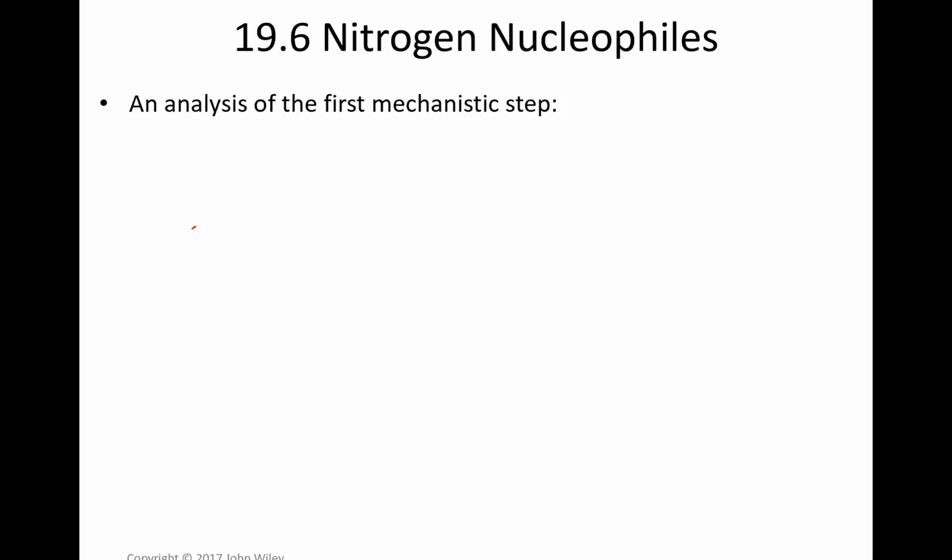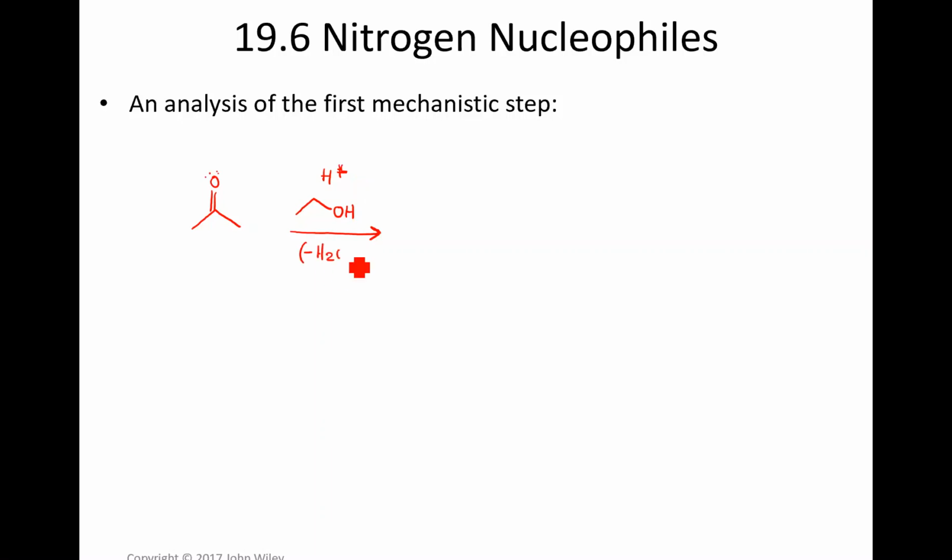Okay, let's analyze the first step in some detail, because it's going to be different than the first step when we had an oxygen nucleophile. So what do I mean by that? If you recall, when you had an aldehyde or ketone in the past, and we used an oxygen nucleophile, let's say ethanol, for example, that also required acidic conditions, and we also lost water.